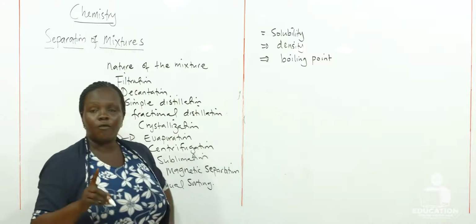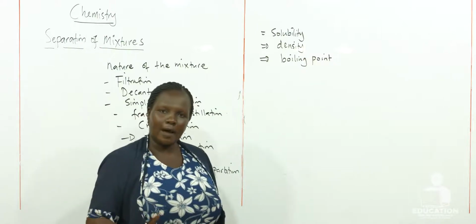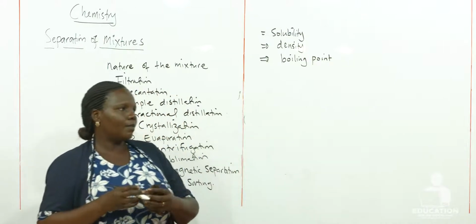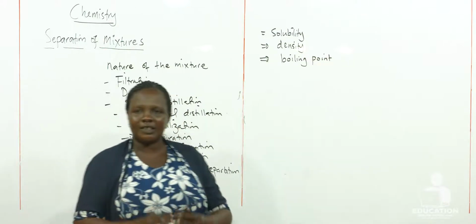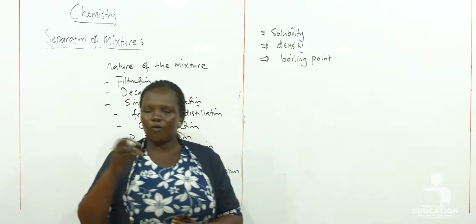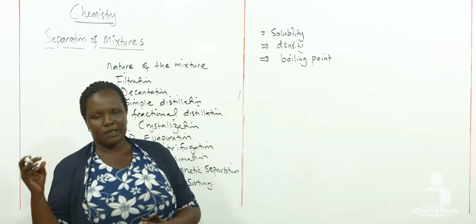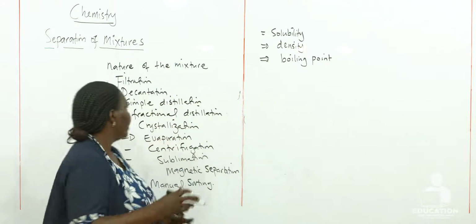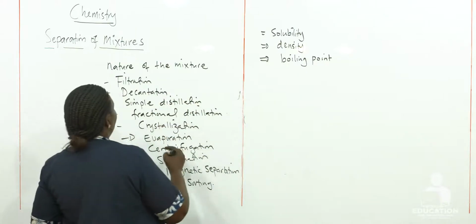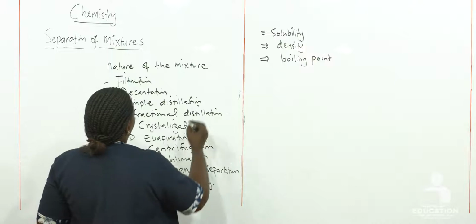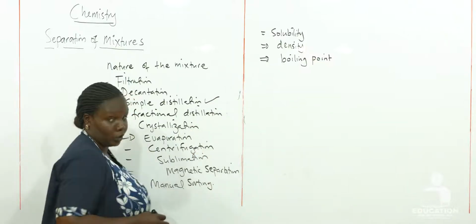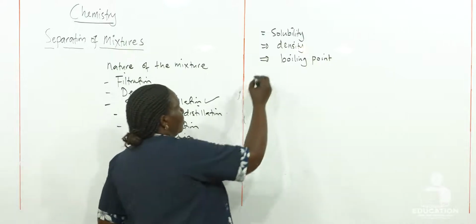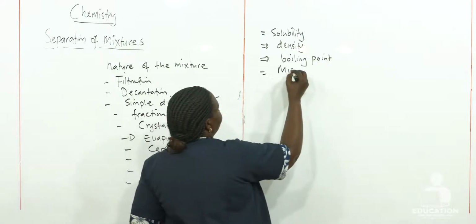In case of a liquid mixture, whether the liquid substances that are mixed together are of different boiling points. So if they are of different boiling points, we can easily separate them using simple distillation. Then lastly, we look at the miscibility.